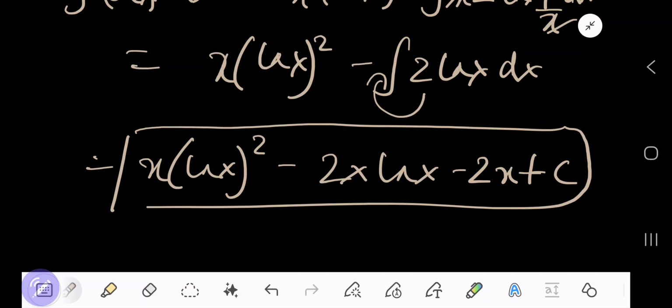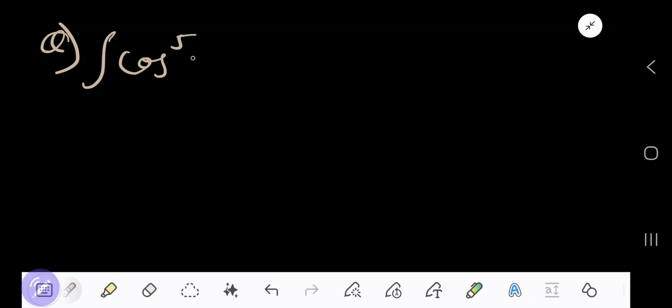All right. Our next question is a trigonometric question. Integrate cos raised to 5 x dx. Alright, so we can separate this.